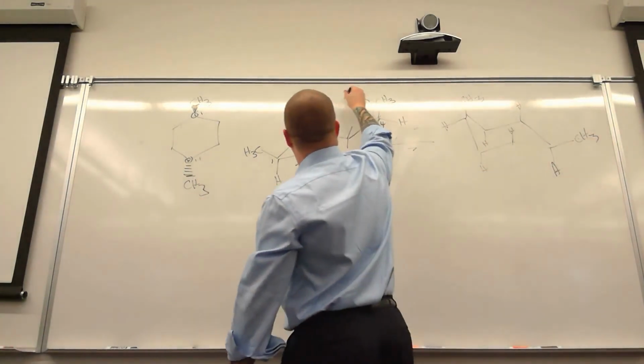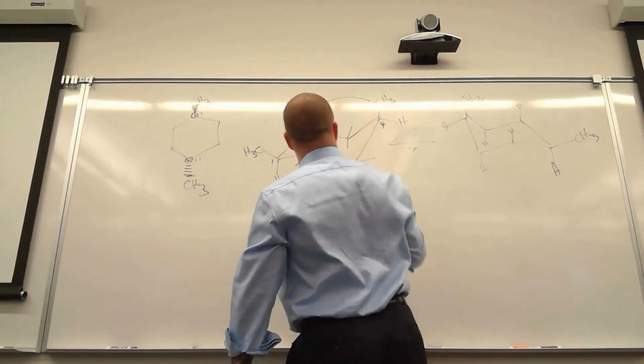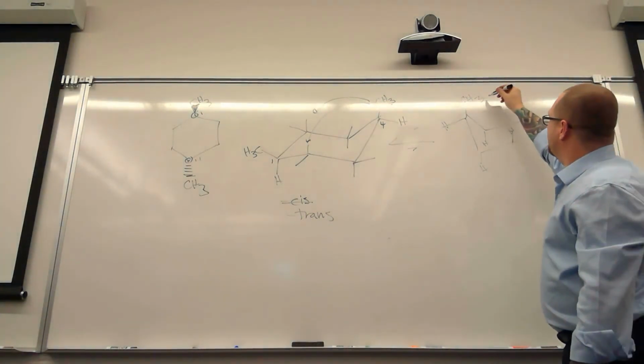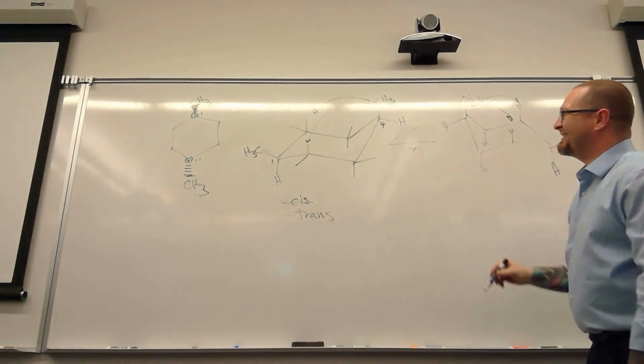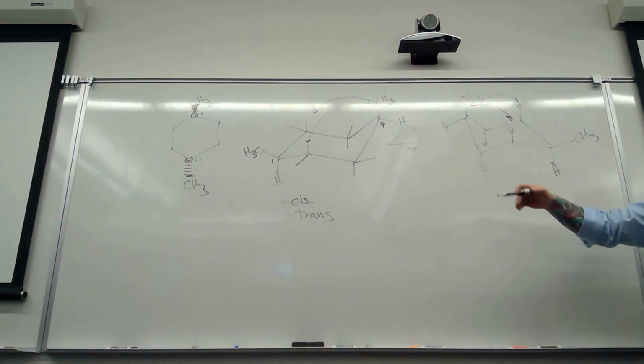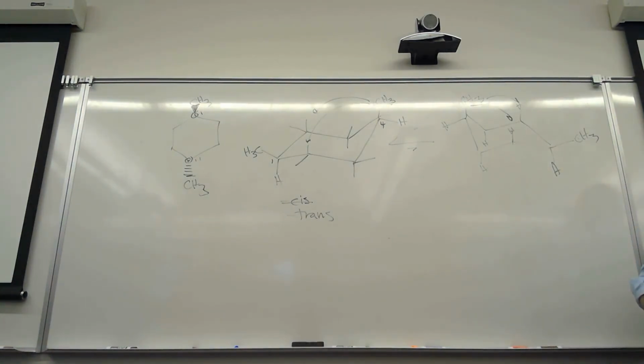This can participate in diaxial interactions. And now we have this equatorial. This axial can participate in the exact same number of diaxial interactions. So in this case, you'd have a 50-50 split. There would be no preference in these two conformers.